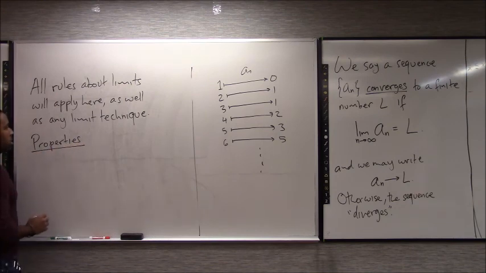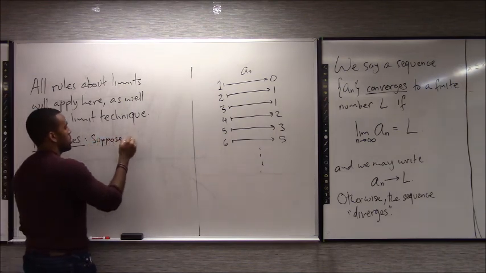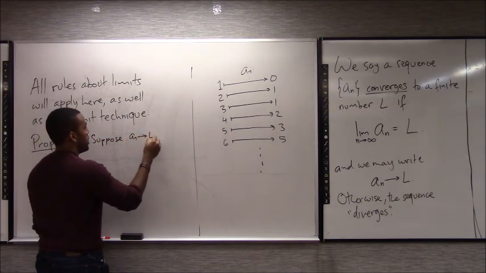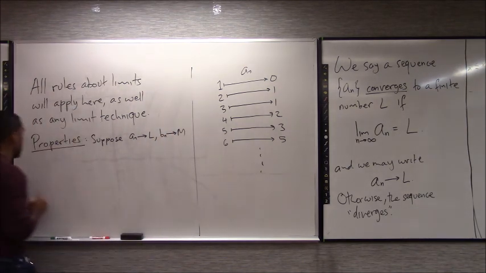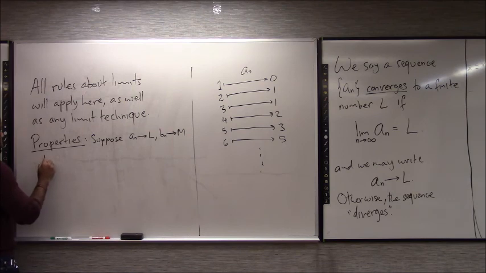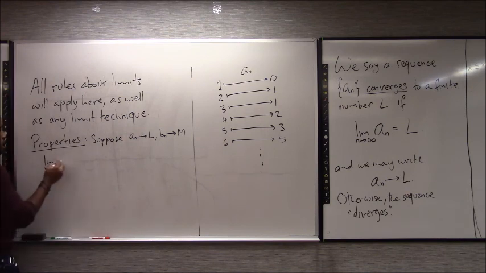So things like, suppose a_n approaches L, b_n approaches m. Then it turns out that you can find the limit of a constant times the sequence.